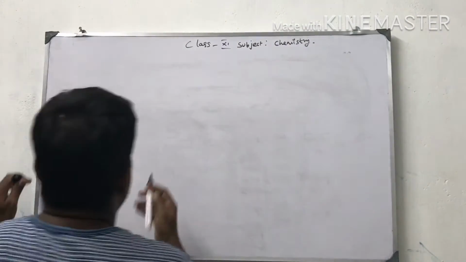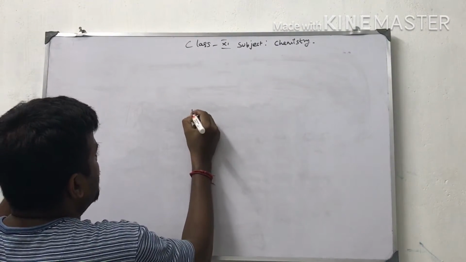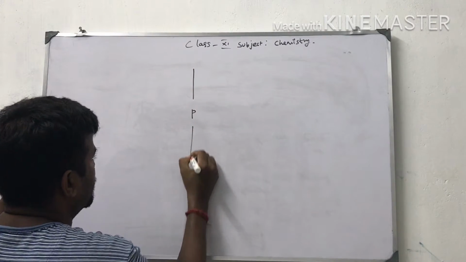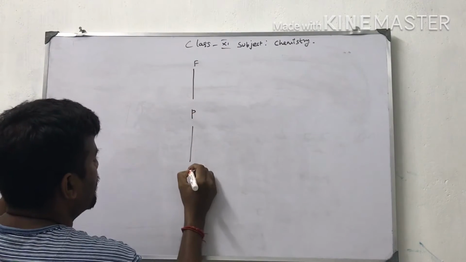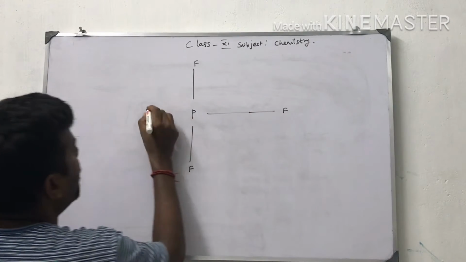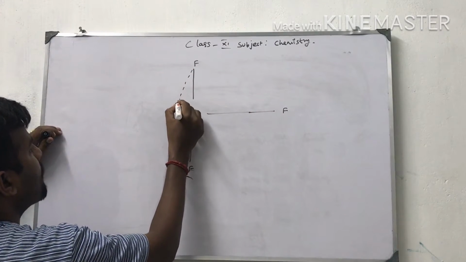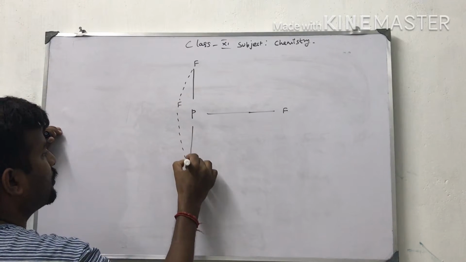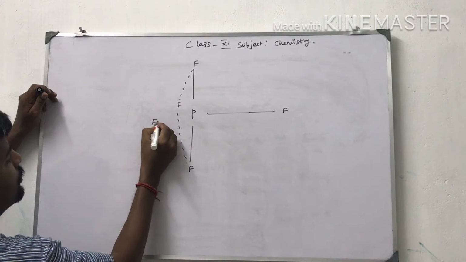Now I am going to explain this concept with the help of the PF5 diagram. Phosphorus, fluorine. One more fluorine is there.